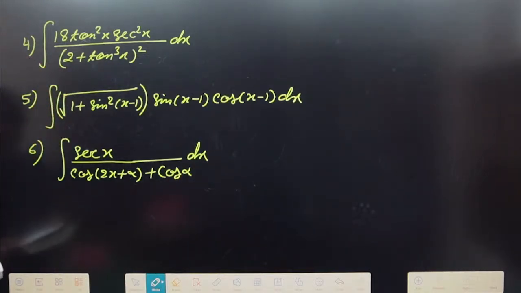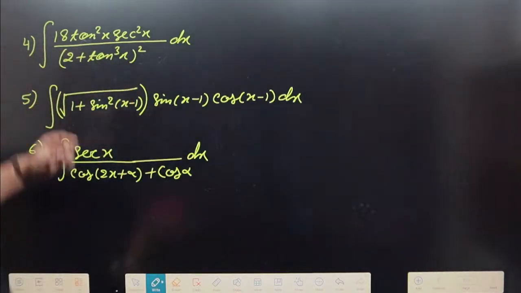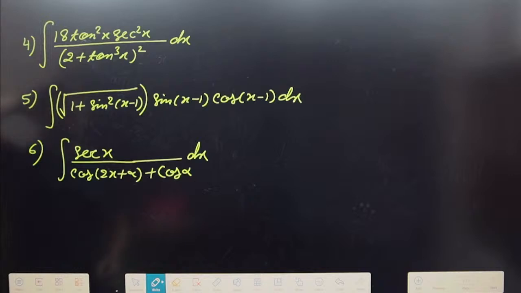Okay, how can we do this step by step? Now we are focused on that part. Which part is very complicated? Basically the denominator part.